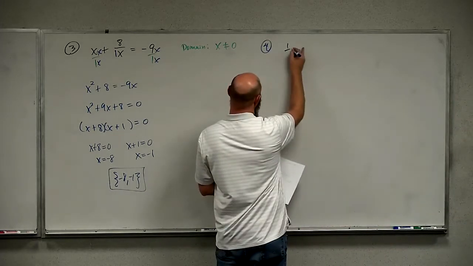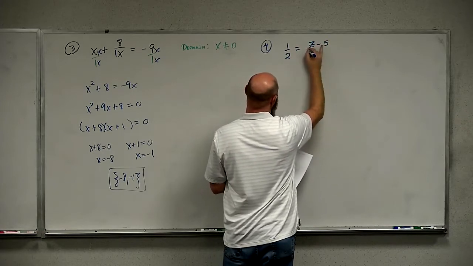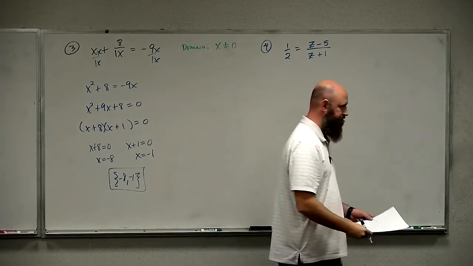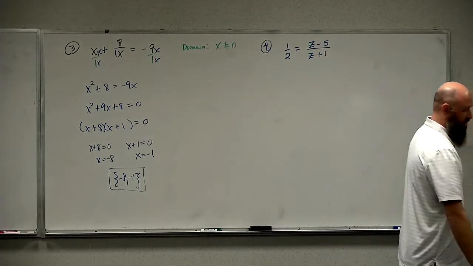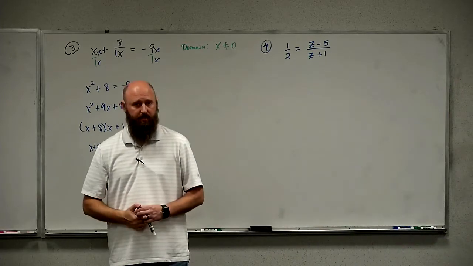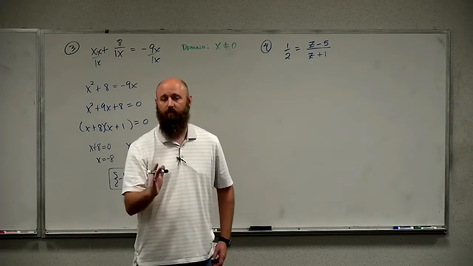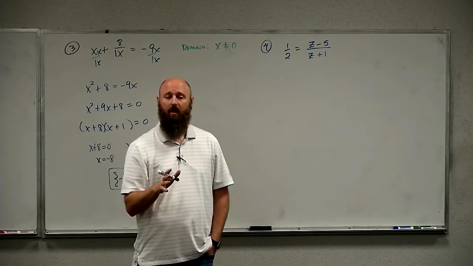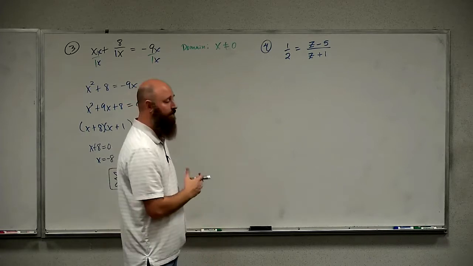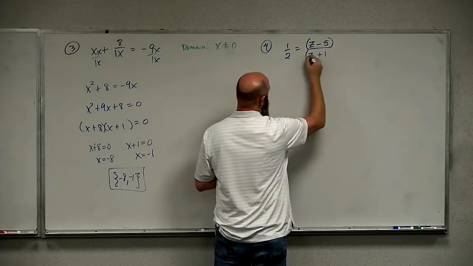All right, number 4, 1/2 equals z minus 5 over z plus 1. All right, now there is a little shortcut on this one because it is a single fraction equals a single fraction. We've not had that so far, but only if we have a single fraction equals a single fraction, like I do up here, we can do what we call cross multiply.